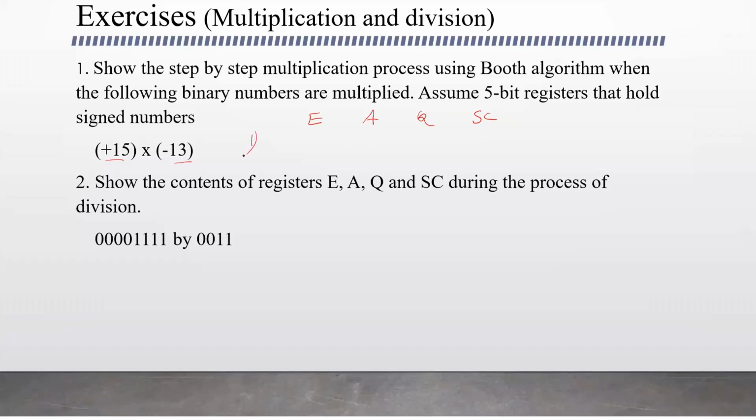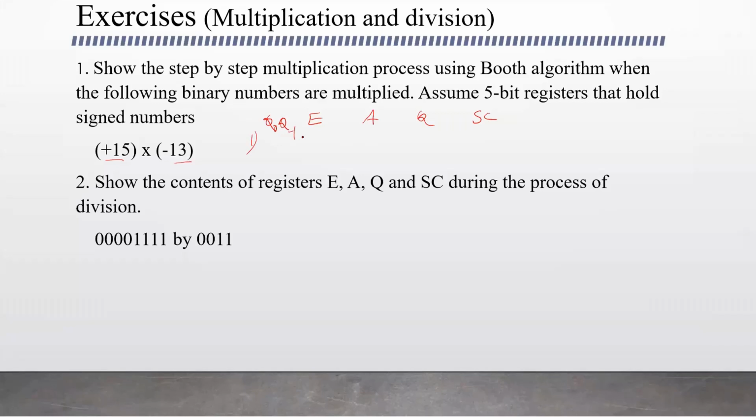And the first step, here in Booth multiplication algorithm, we check Q naught and Q minus 1. You remember? Q naught and Q minus 1, the last 2 bits of the multiplier. There are 4 possibilities. It may be from 1 to 0 or 0 to 1.